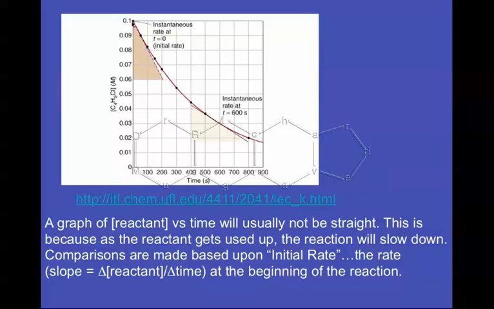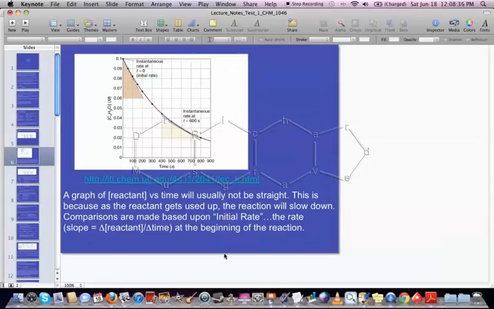But all we're interested in here is just an approximation, and the approximation will be gained by looking at the initial rate, or the rate at the very beginning of the reaction, which will be gained by taking the change in concentration over change in time. So we can see that that's what our experiments will be measuring.